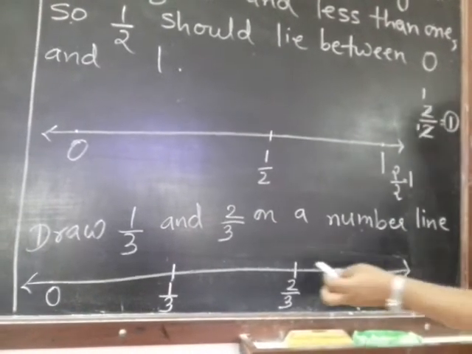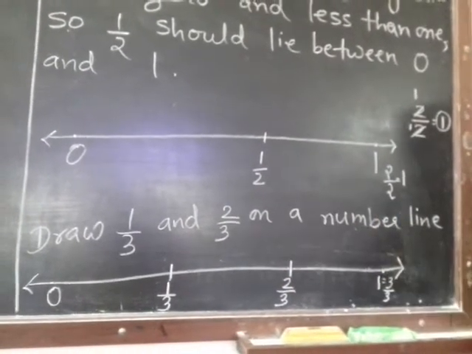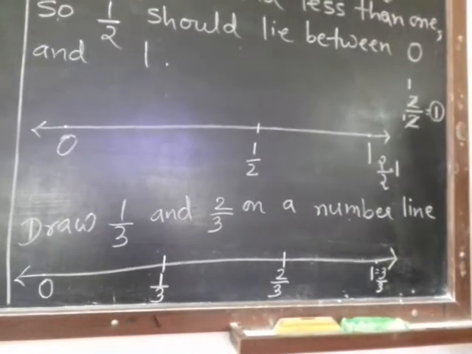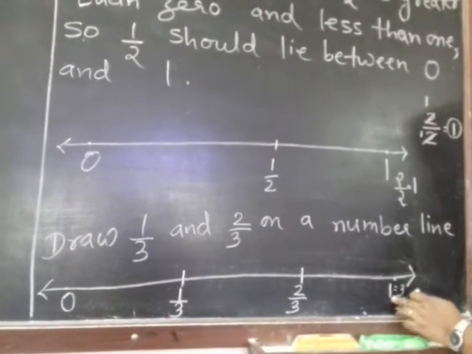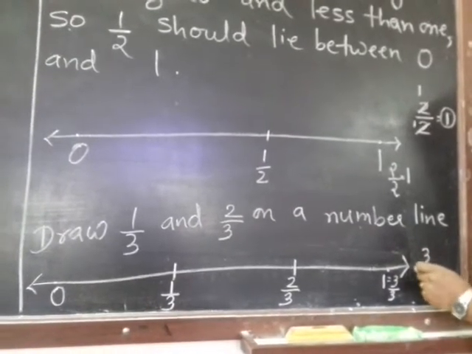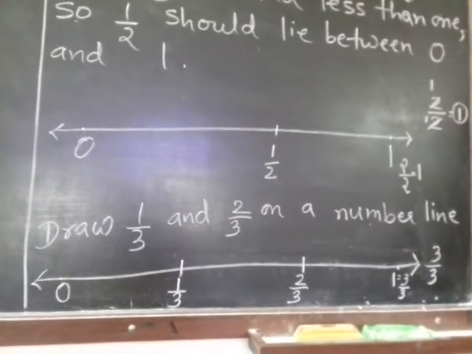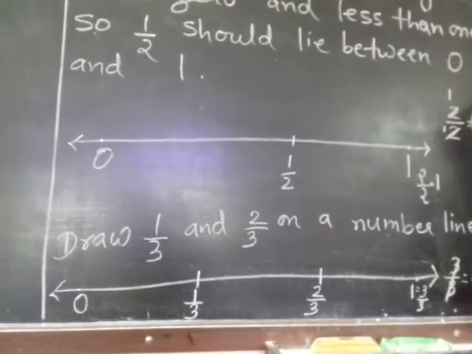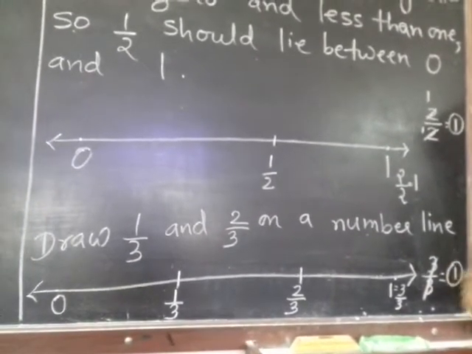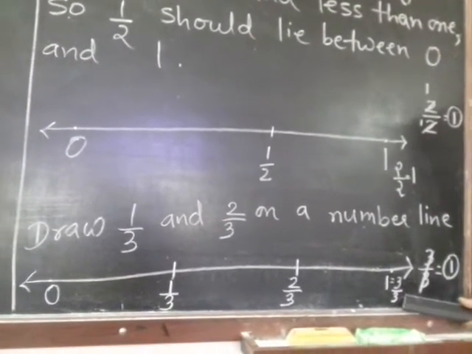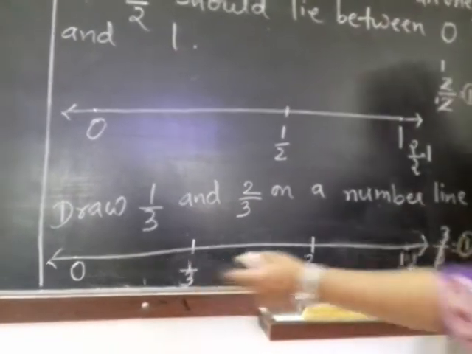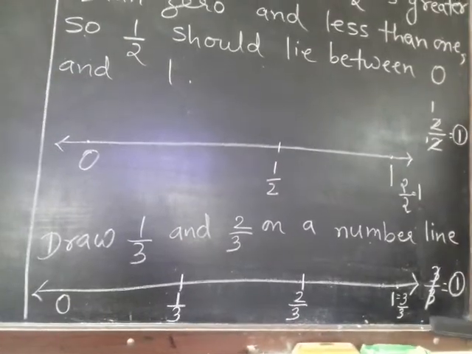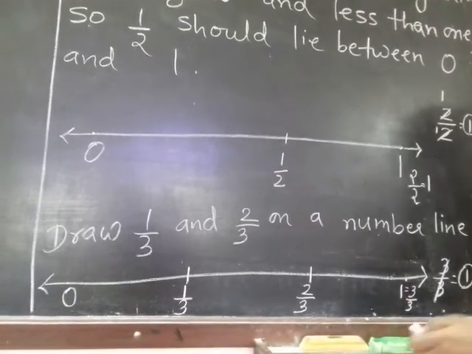Now 1 upon 3 and 2 upon 3 are the two fractions I have to show in between 0 and 1. How will this one become 1? When I have 3 in the numerator as well as 3 in the denominator, both will cancel and it will convert into one whole number. So 3 upon 3 means 1. So now in between 0 and 1 I have to show 1 upon 3 and 2 upon 3.